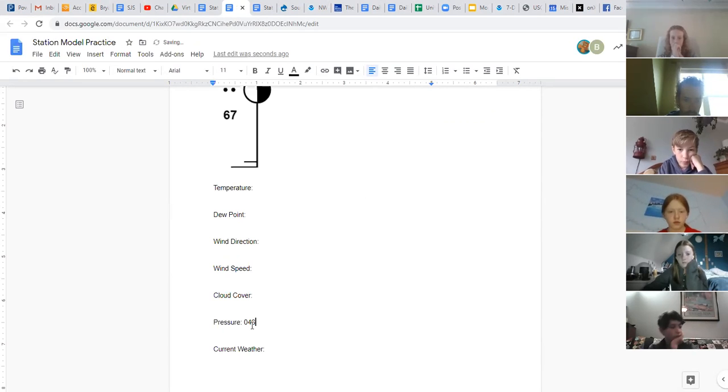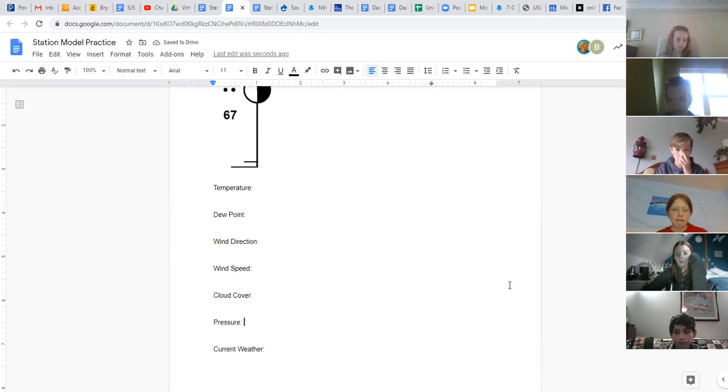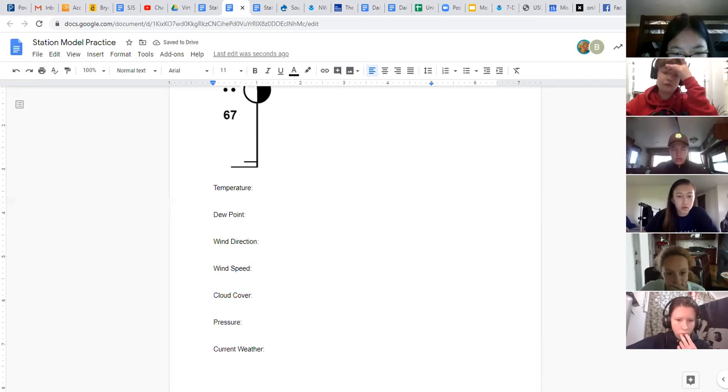We were given the value 0.46. I have to place a decimal point and then put the number 9 or 10 here so that it falls within that acceptable range. What other questions do we have?